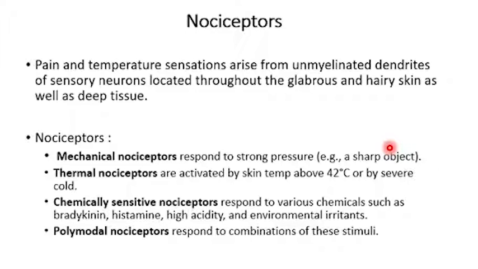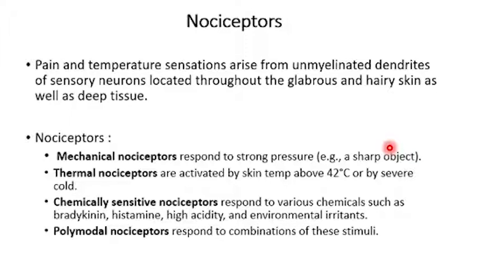Nociceptors, pain and temperature receptors, arise from unmyelinated dendrites of the sensory neurons, which are located either in skin or glandular tissue or in deep internal organs. There are particular types of nociceptors: mechanical nociceptors, which respond to strong pressure.